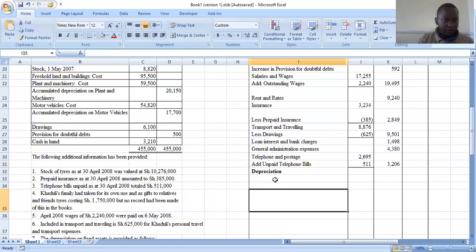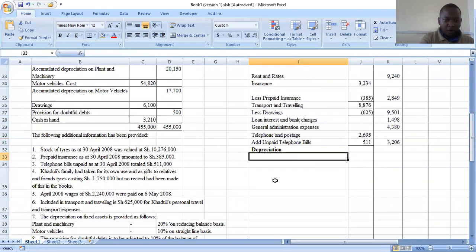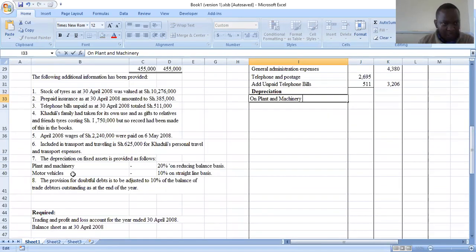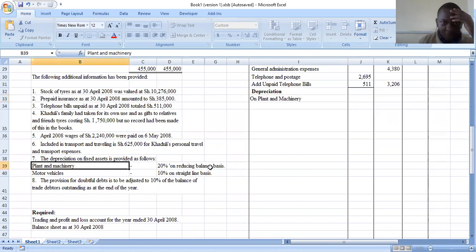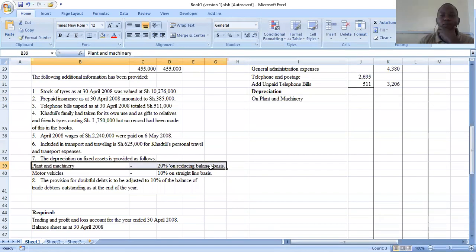First, depreciation on plant and machinery. We've been told to depreciate plant and machinery at 20% on reducing balance basis. Haven't you studied these things in that video? Yes. So how do we treat this?